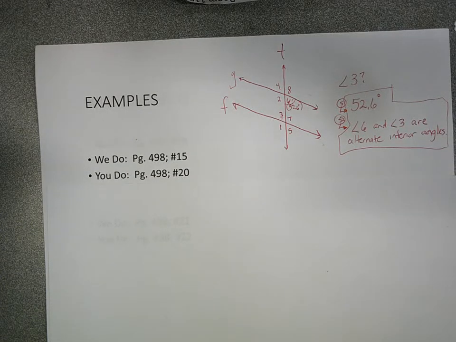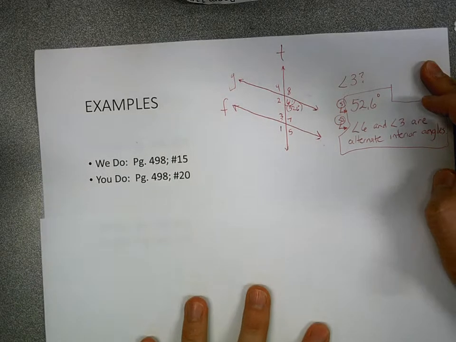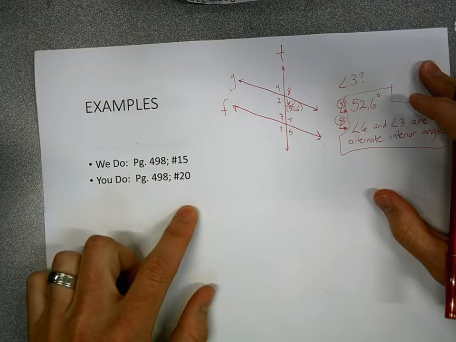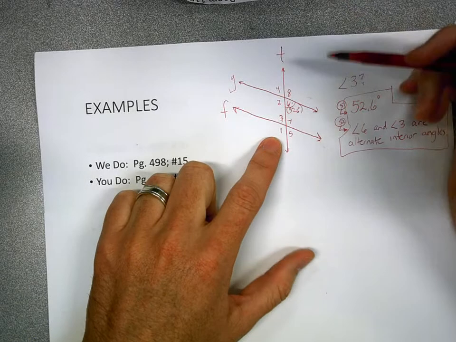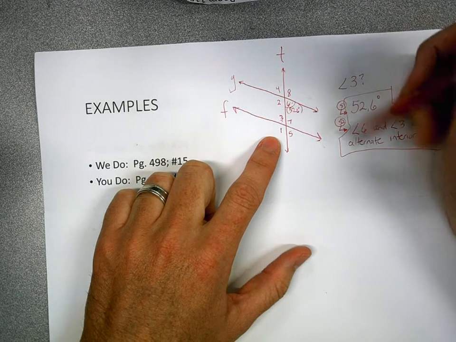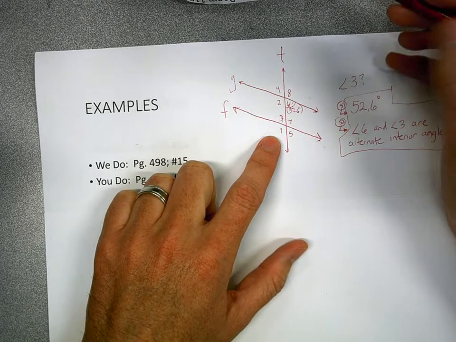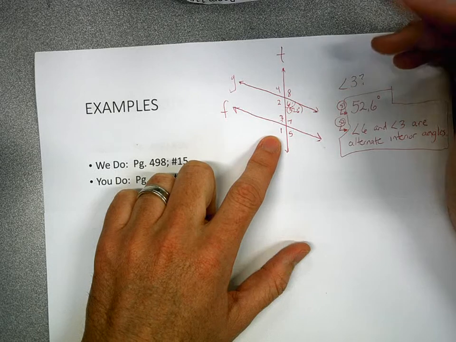Okay, so probably going through that, you realized that one was a half a step longer than the last one. It required you to do a couple of things. So, problem number 20. It wants to know what angle 1 is. I could think of 3 to 4 ways right off the top of my head to solve this problem.